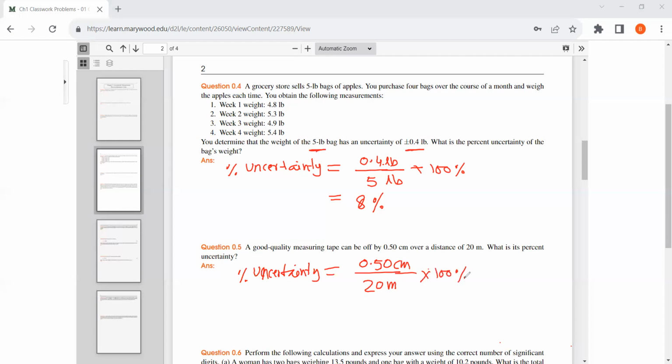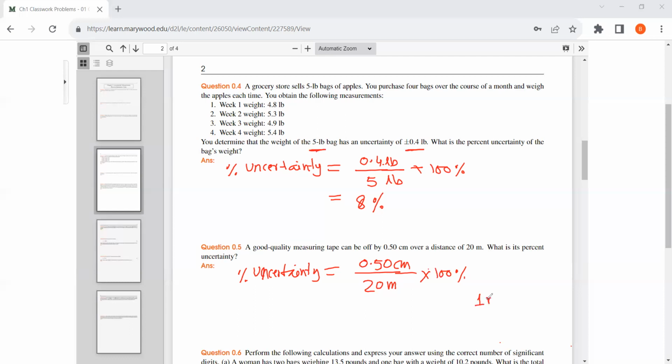Now here there is a problem. We cannot do a mathematical operation with two different units for the same quantity. Here you see one is in meters, another is in centimeters. If you do that, the result will be incorrect. So to do this math, we have to convert either meters to centimeters or centimeters to meters.